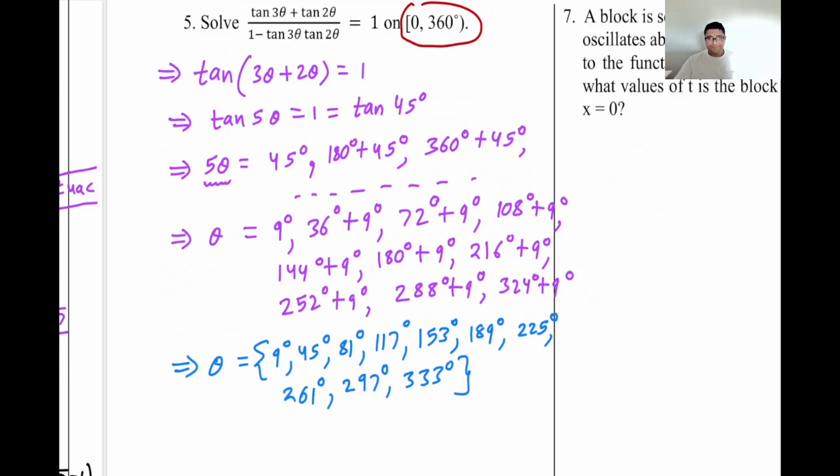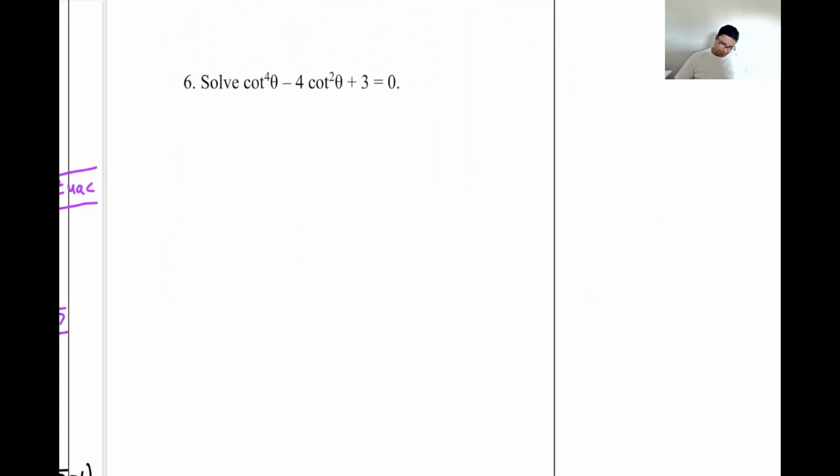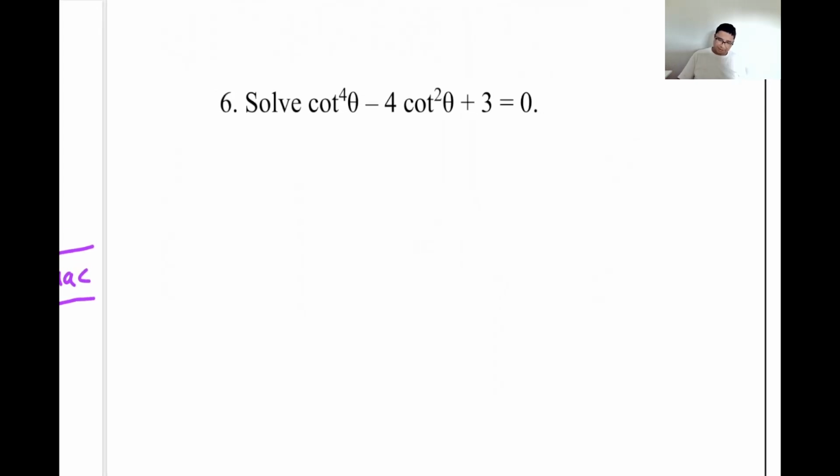Okay. Solve cot 4 theta minus cot square theta plus 3 equals 0. So that's a degree 4 equation. Two things.